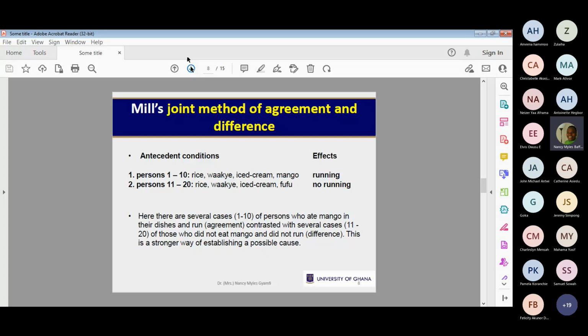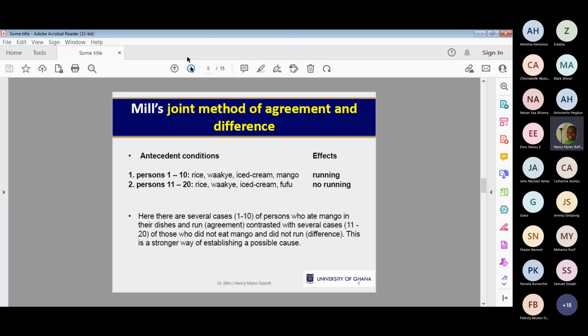So the question from the physician would be, were there some other people at the shop there who took something else apart from TZ? Then the eatery folks say, oh yes, some people took wache, some took this, they are not running, they are there. That's stronger, you see, you have increased the degree of confirmation. We learned that, confirmability. The probability is higher that there's something about the TZ now.